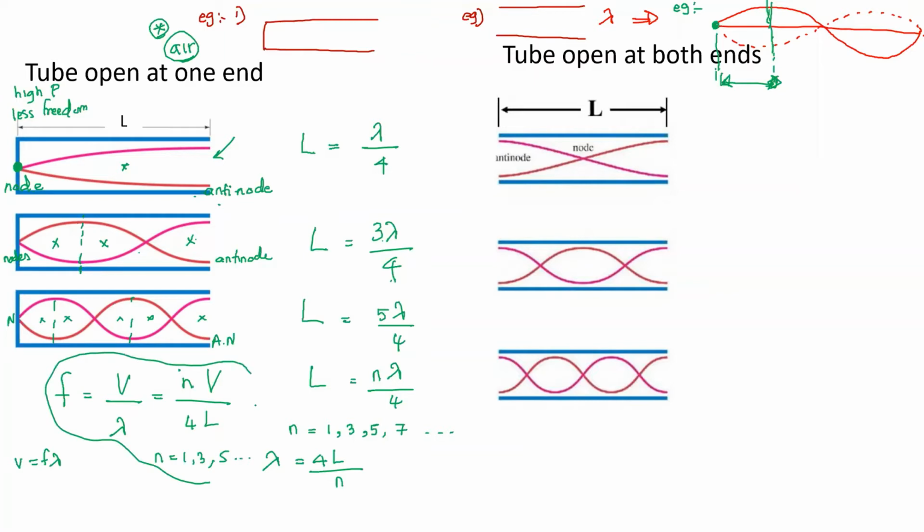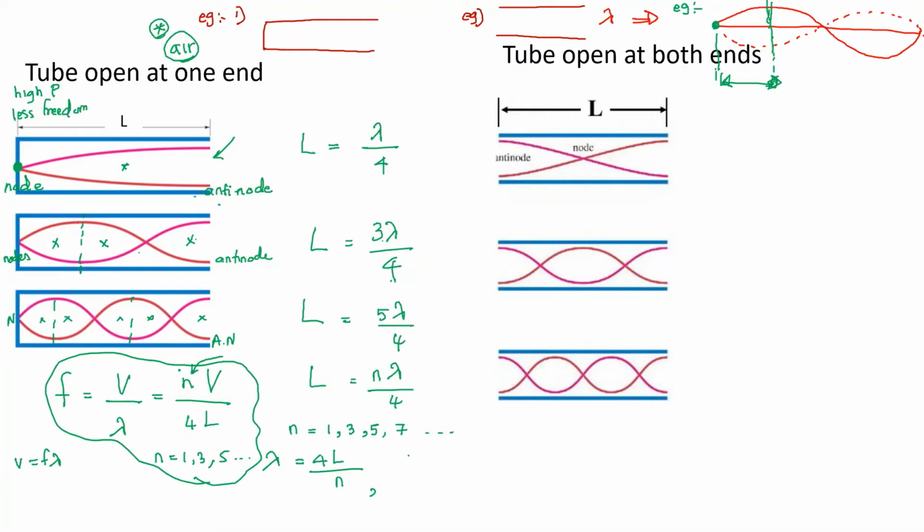So this is important because if I ask you for the first harmonic, you will just substitute 1 here, right? If I ask you for the second harmonic, what would you do? What would be your n? What is the n of the second harmonic? It is 3, right? So it is different from what we did before.